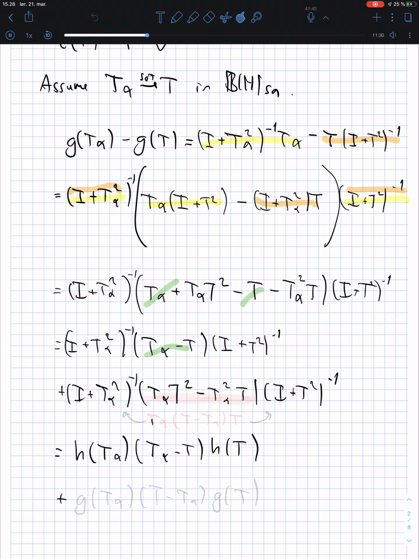So I need a new color, let's make it red. So this middle term here, I can rewrite that as t alpha, and then I have t minus t alpha, and then t. Right? So that collects all the terms.